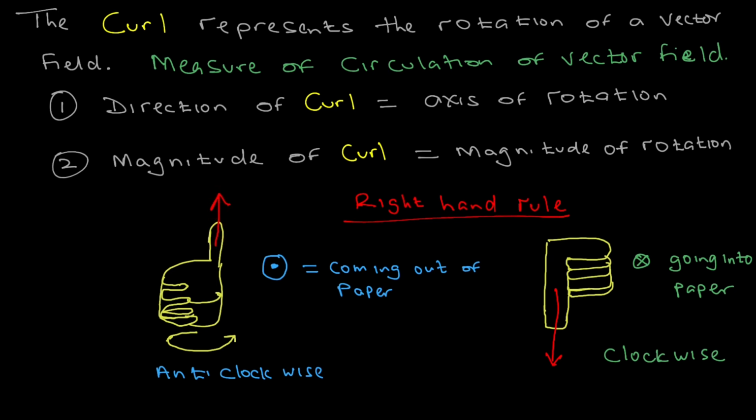Again, if you use your right hand and there's a clockwise rotation, your thumb points downward. The way to draw that is a cross in a circle. That means going into the paper. This is the direction of the vector field.